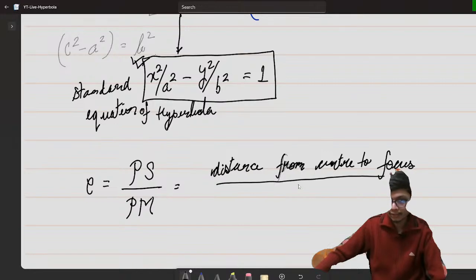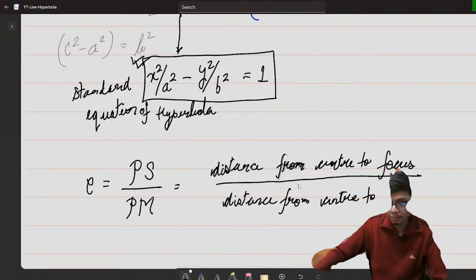We can also define the eccentricity in the case of a hyperbola as the distance from center to focus divided by the distance from center to vertex.